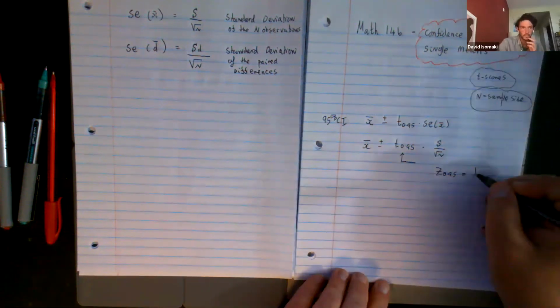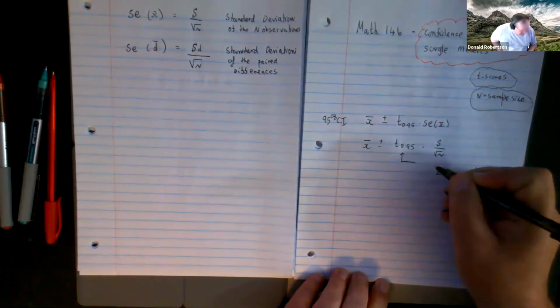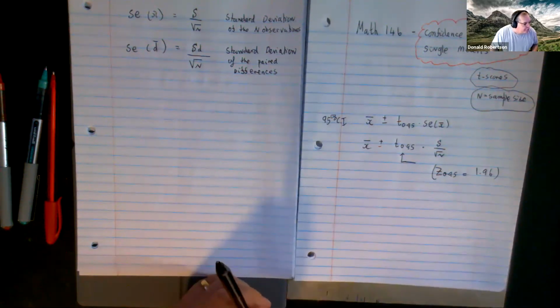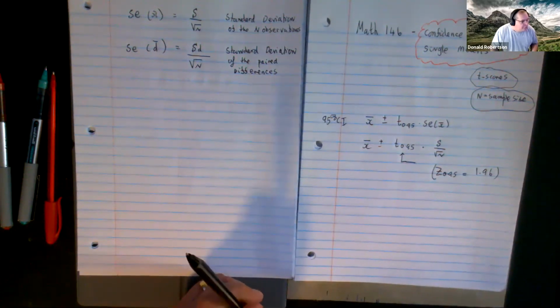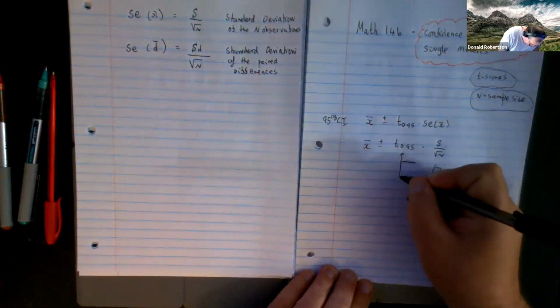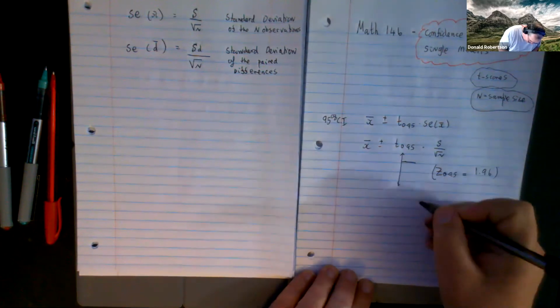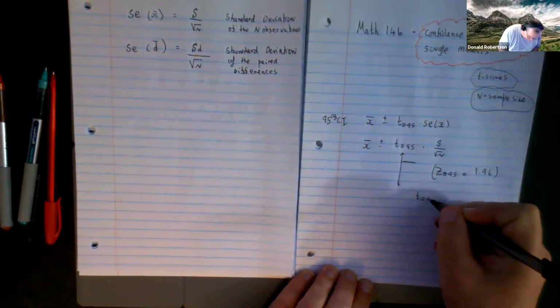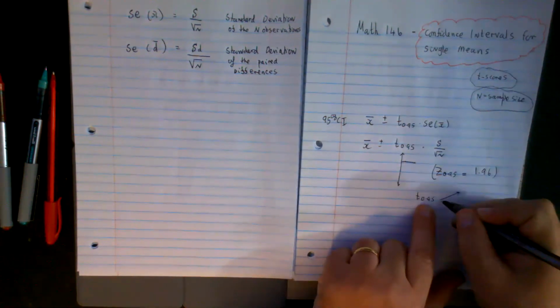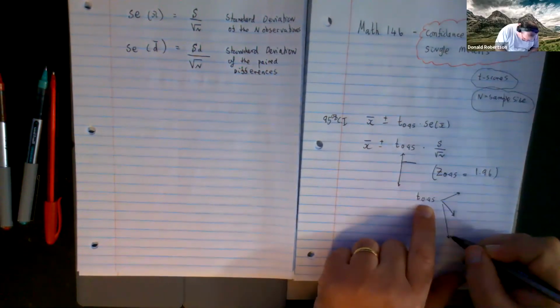And it's 1.96 whether there's 10,000 numbers in your sample or 4,000 numbers or 82. But this guy changes. And he changes depending on the size of n.